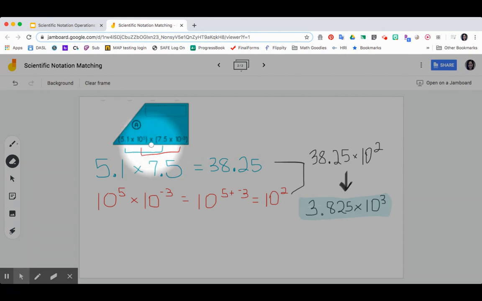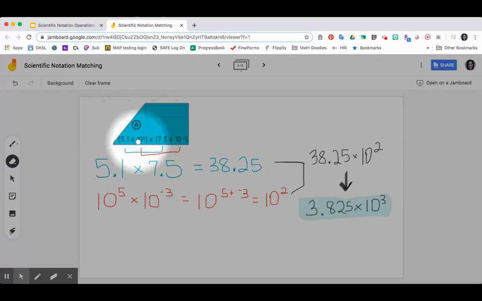Okay, so for multiplication and division, we don't have to adjust our powers. So that's kind of nice. We just chunk it and take it piece by piece. So I'm going to take 5.1 and 7.5, and I'm going to multiply them. And I get 38.25. Yes, you can use a calculator for that. Absolutely.